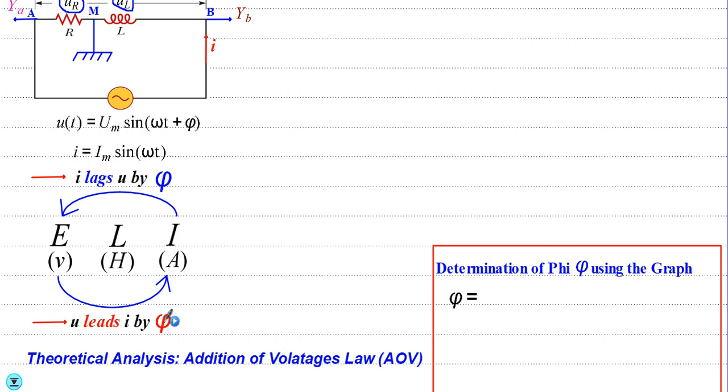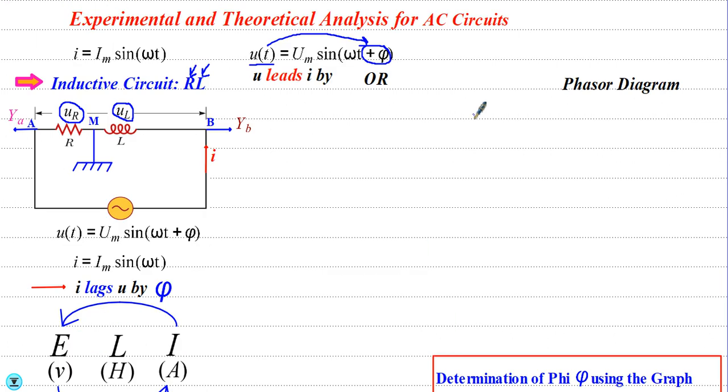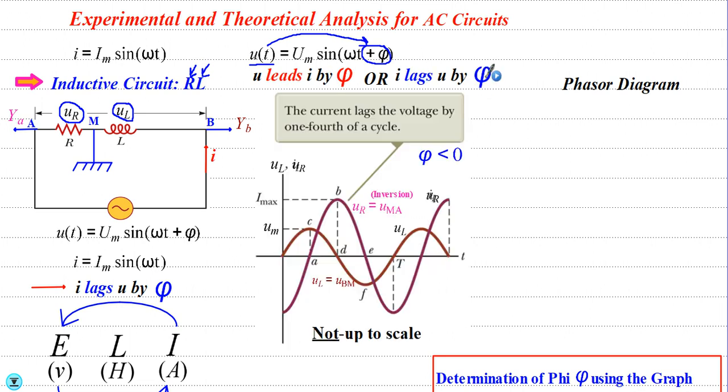Let us determine and specify and study how the curve is going to be on the oscilloscope. So the oscilloscope is going to show us that the current lags the voltage, or the voltage leads the current.